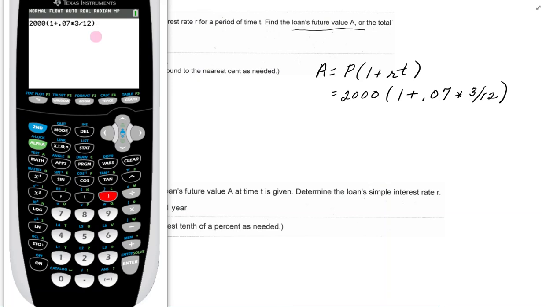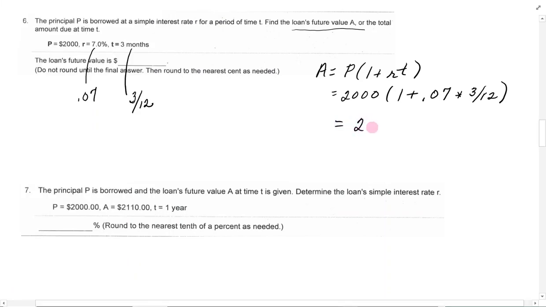Compare, those look right. Drum roll. I will pay back $2,035. Now, this is what I'll pay back. I only borrowed $2,000, so in this one it's very obvious that $35 is the interest.